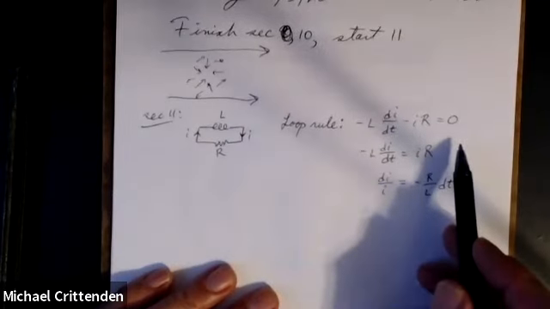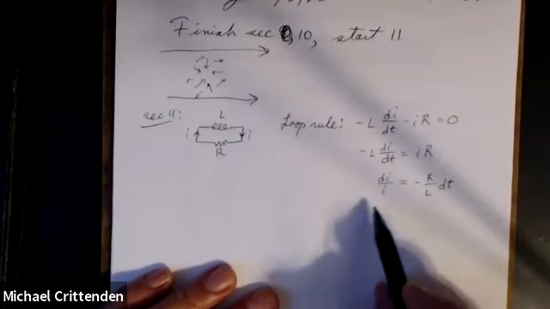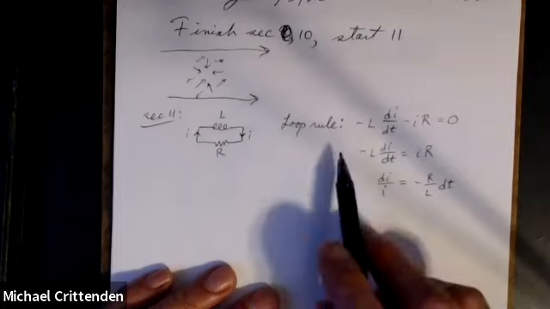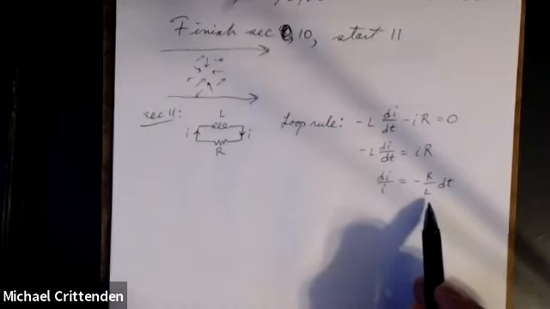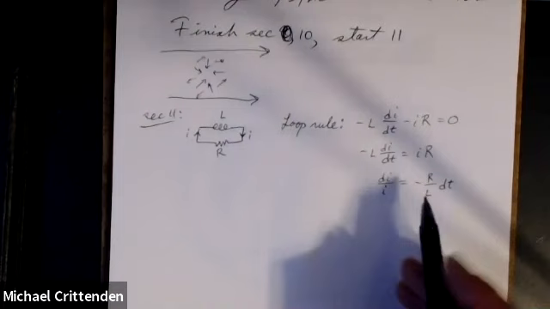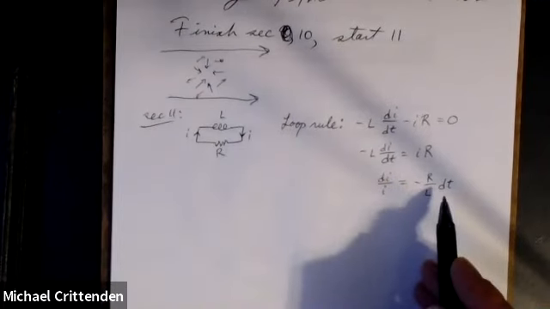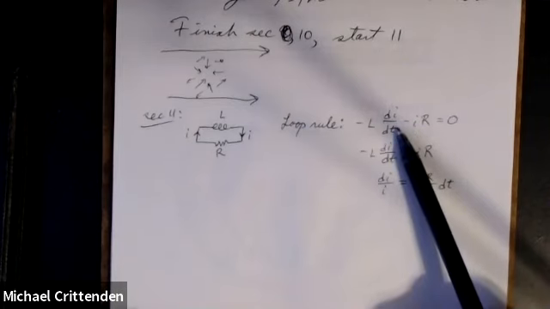So multiply both sides by dt, divide both sides by I, divide both sides by negative L, and the end result of all of that is what I've written here. So this is the differential equation that governs this circuit. Okay, it's about the simplest differential equation there is.